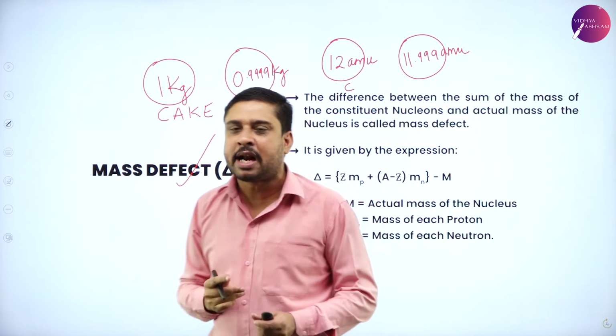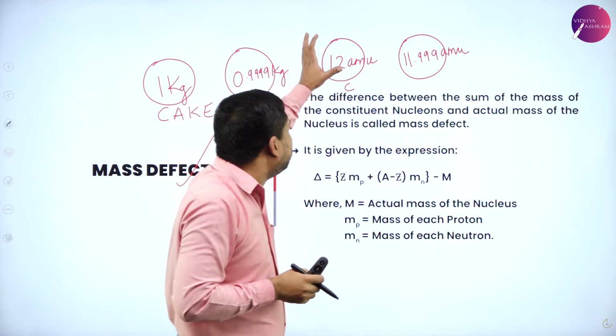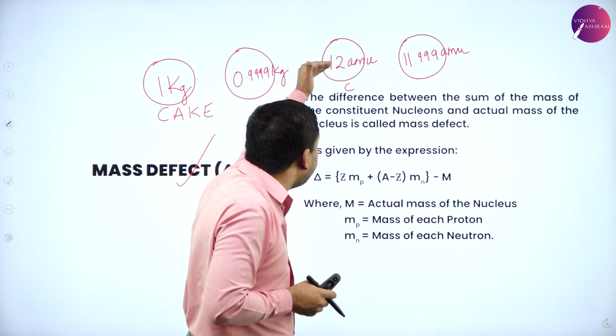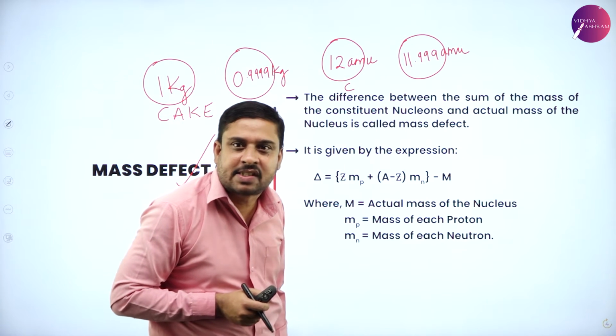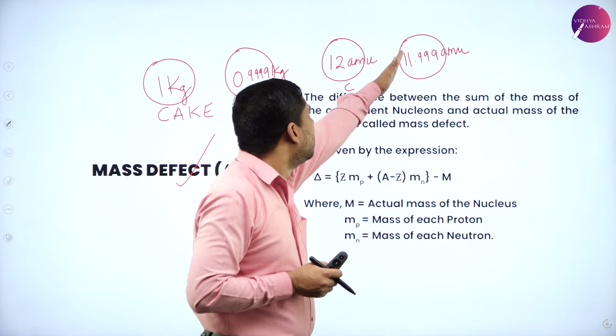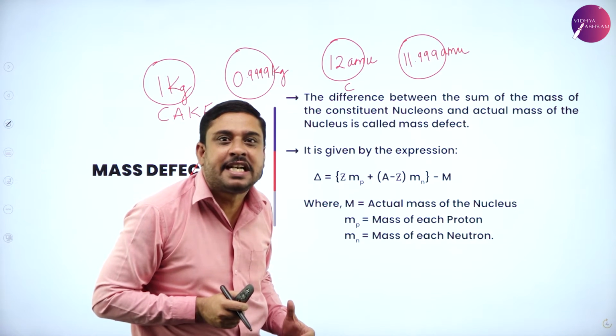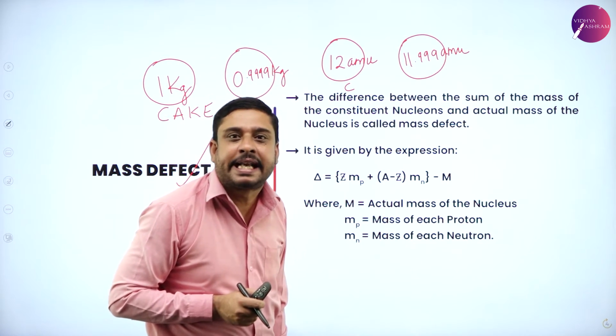So very clearly you are observing there is a difference between the actual mass of the nucleus and the sum of the mass of its constituent particles.